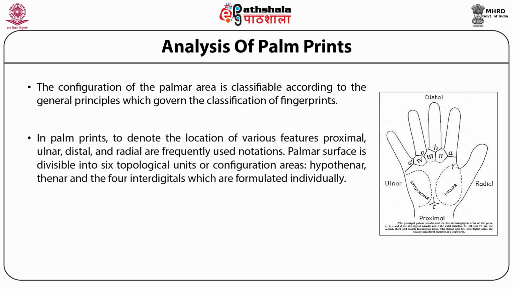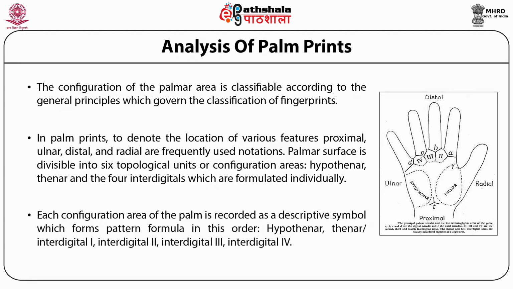In palm prints, to denote the location of various features, proximal, ulnar, distal, and radial are frequently used notations. The palmar surface is divisible into 6 topological units or configuration areas, that is, hypothenar, thenar, and the 4 interdigital areas, which are formulated individually.